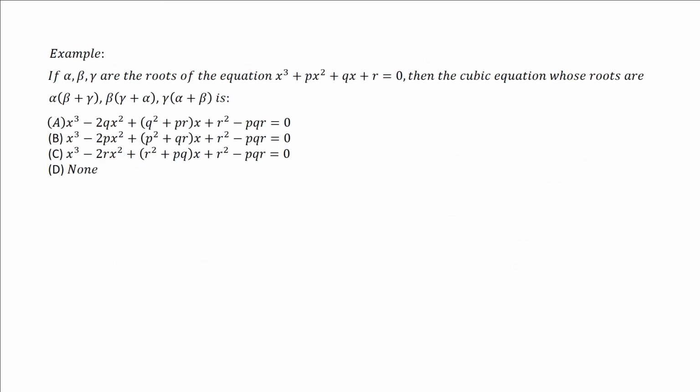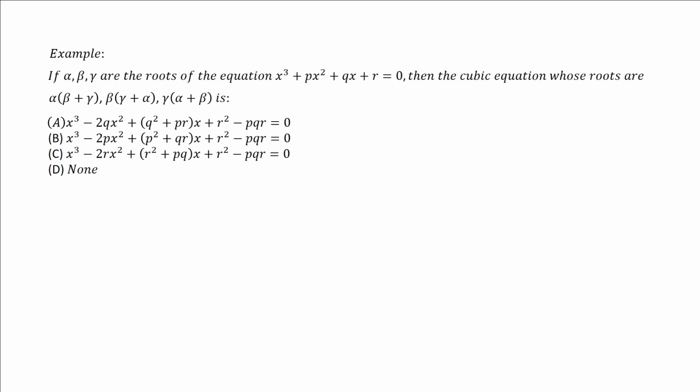Next example: if alpha, beta, gamma are the roots of the equation x cube plus px square plus qx plus r equal to 0, then the cubic equation whose roots are alpha into (beta plus gamma), beta into (gamma plus alpha), and gamma into (alpha plus beta) is.